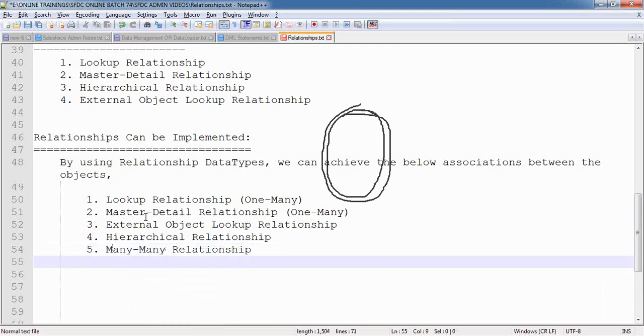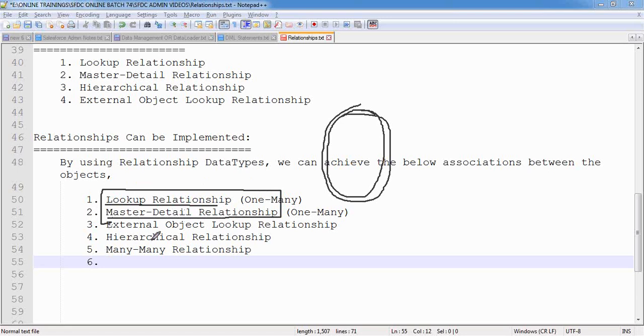It is a 100% common question in every interview: how to map a many-to-many association in Salesforce. And another common interview question: the difference between lookup and master detail associations.